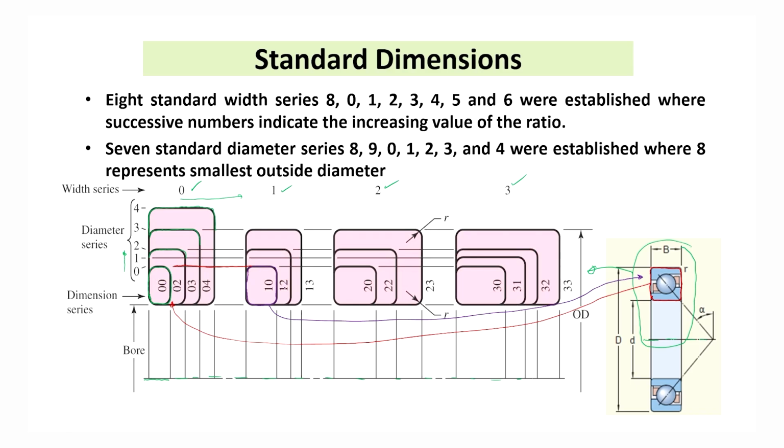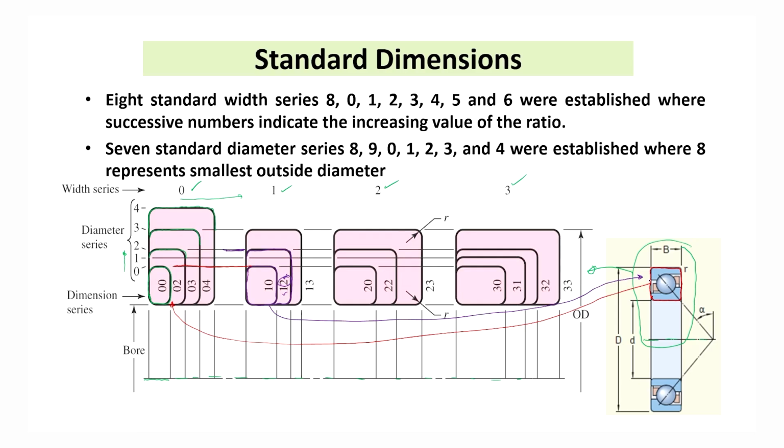Similarly, when it is 1, 2, then the outside diameter has increased. This is the diameter series, this is the width series. Width series is 1 and the diameter series is 2. So, the diameter has increased and the width series has become this one.